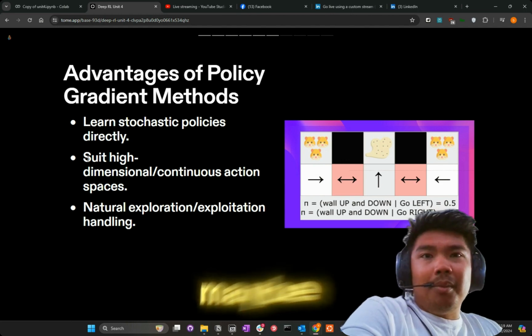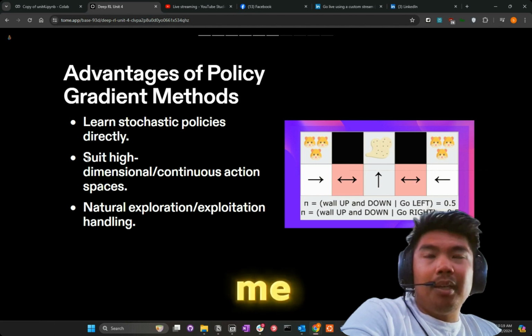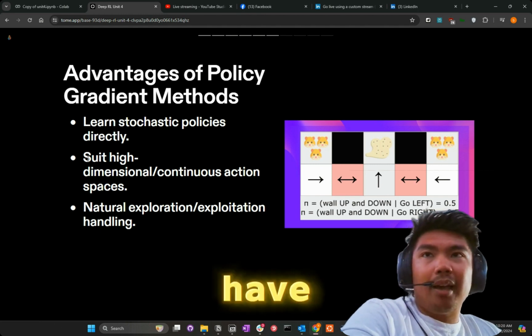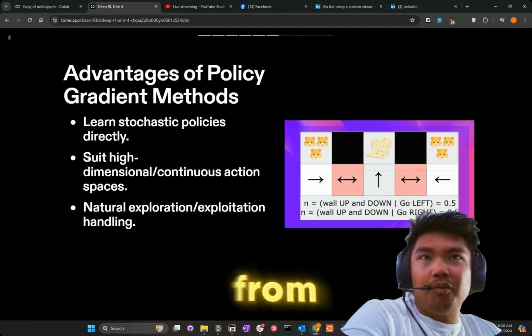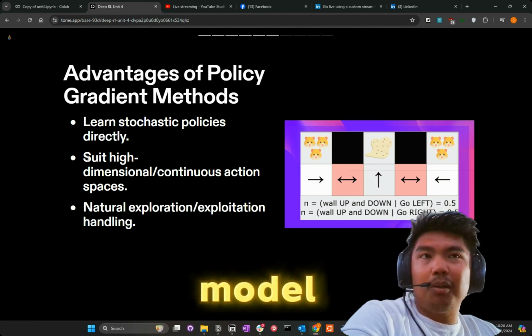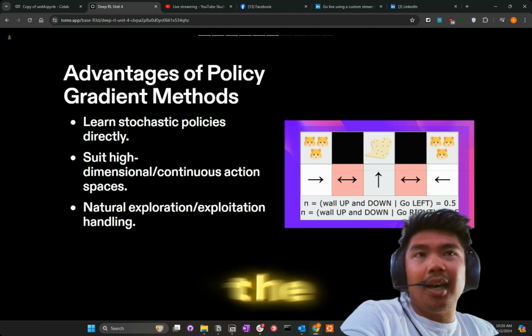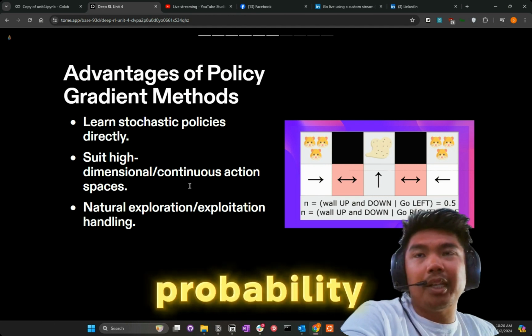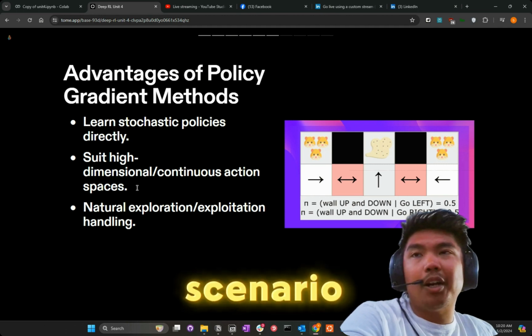Say you're prompting an AI and telling it, tell me the answer to this math problem I have. Out of all the possible probabilities from the training run that the large language model had, you would end up picking the highest probability. The AI would pick the highest probability token for that specific scenario.